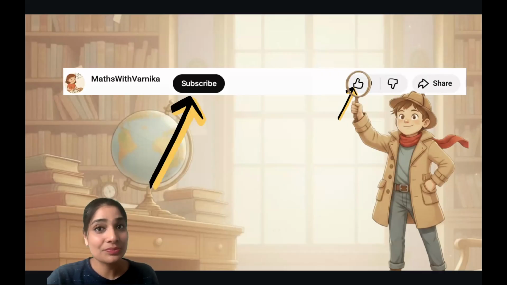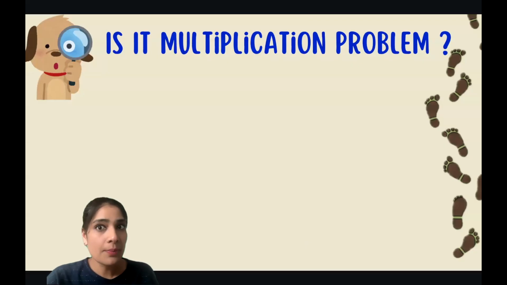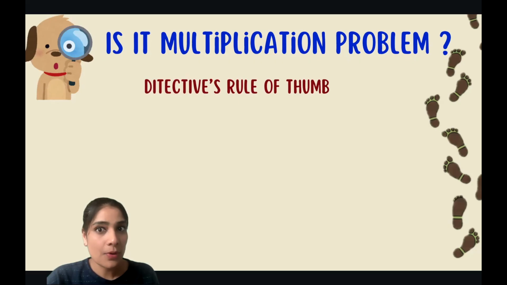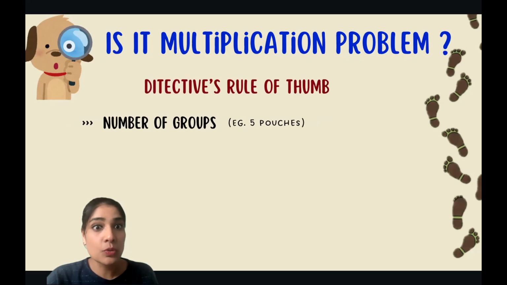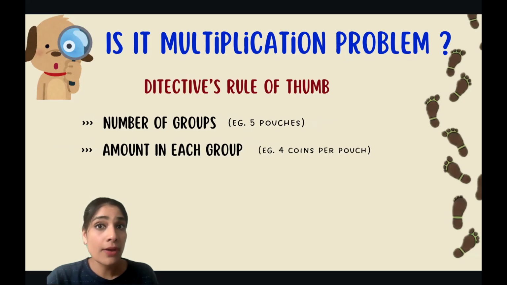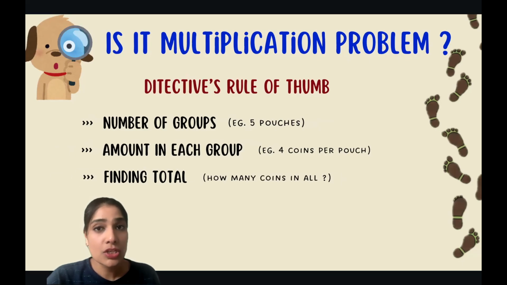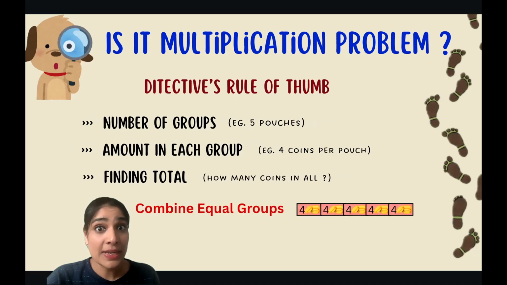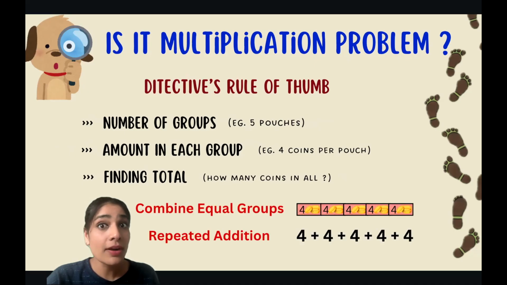Let's continue. So to find a multiplication problem, remember the detective rule of thumb says, if in a problem you are given number of groups and you are given amount in each group and you have to find the total, so you are doing combination of equal groups or repeated addition, we always do multiplication.